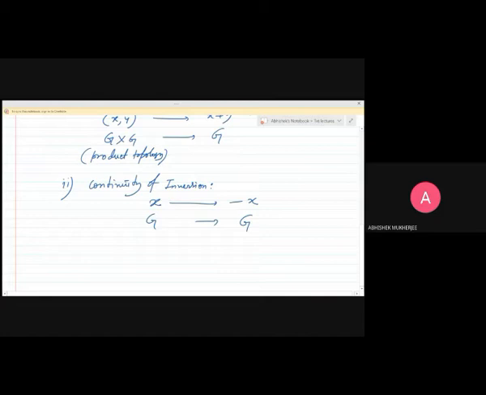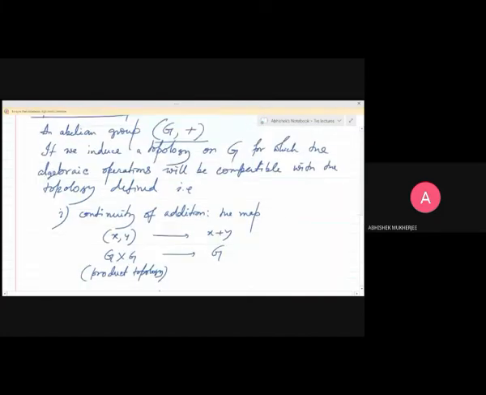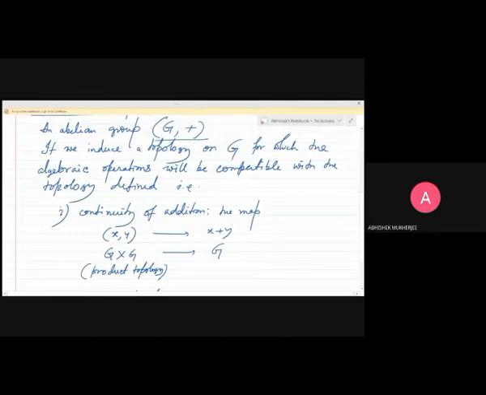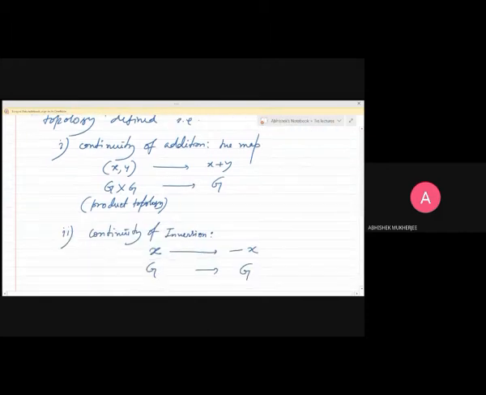So on an abelian group, we would like to define a topology with respect to which both these maps will be continuous.